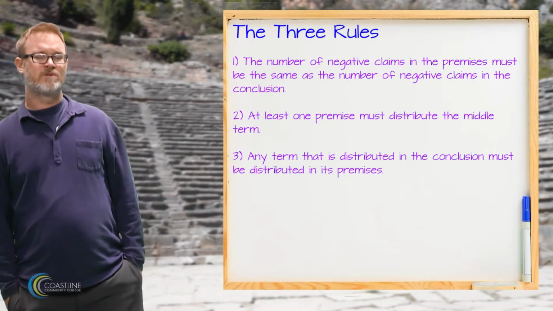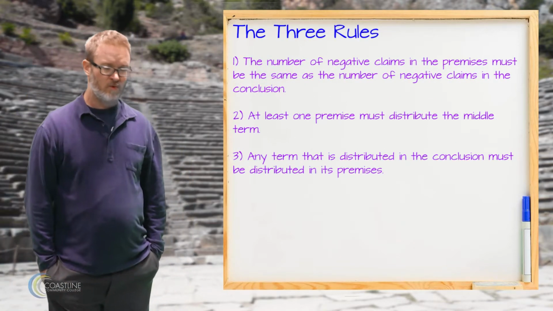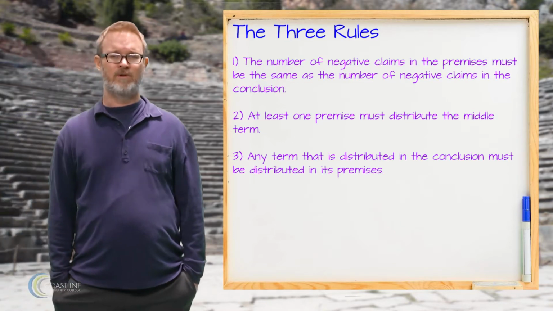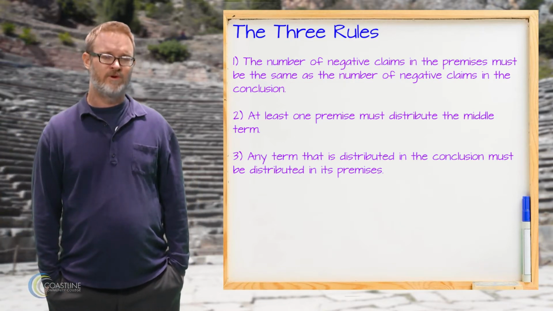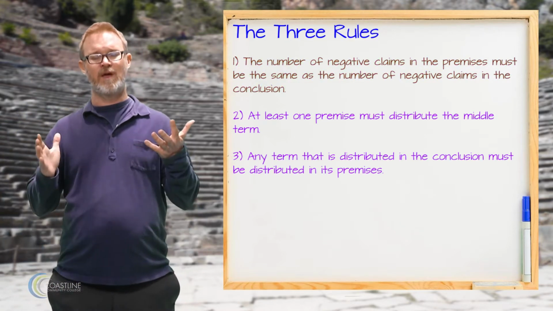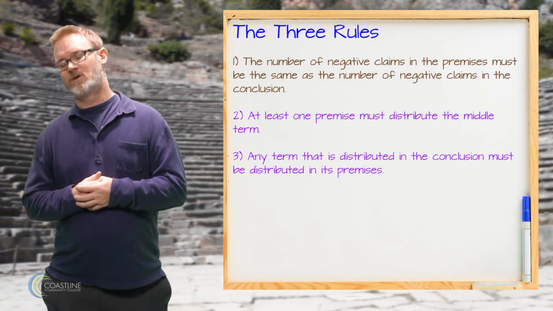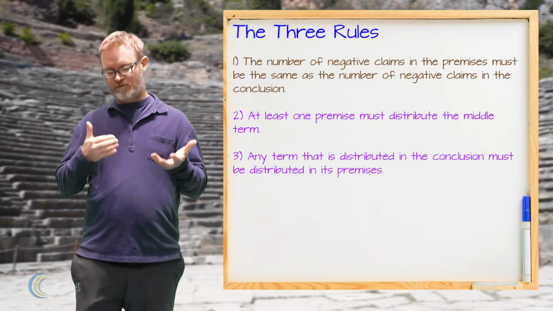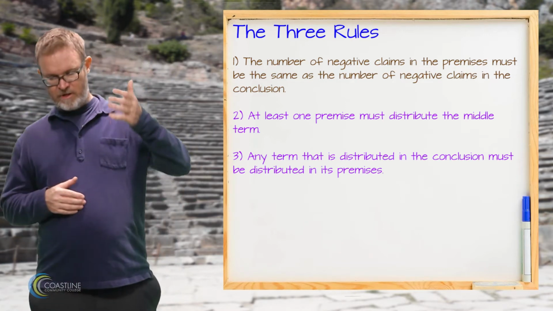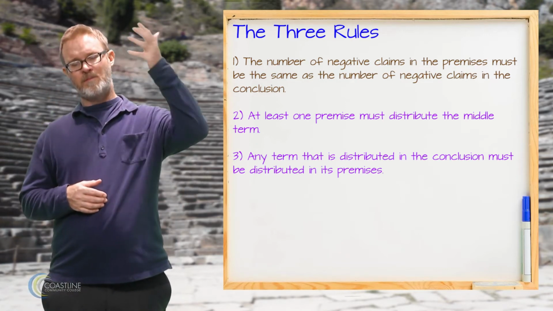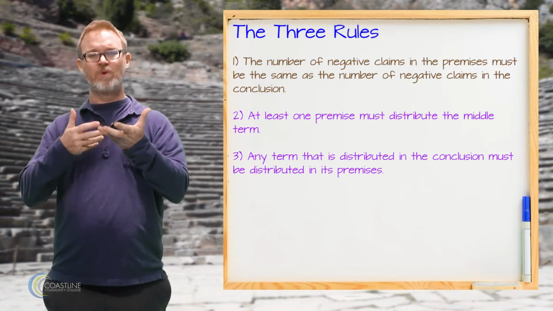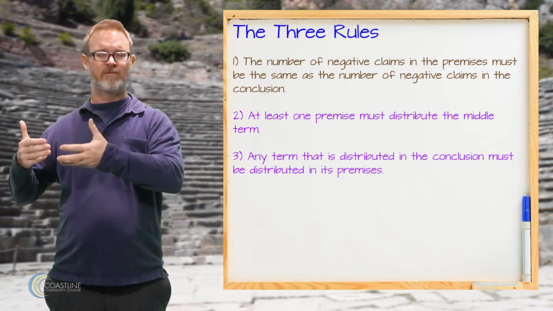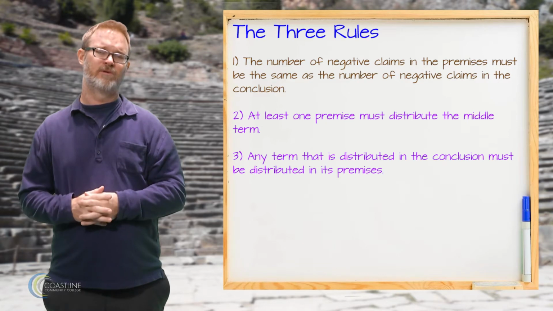So the three rules of the rules method that we're going to learn here go like this. The first one says that the number of negative claims must match. The number of negative claims you have in the premises must equal the number of negative claims you have in the conclusion.